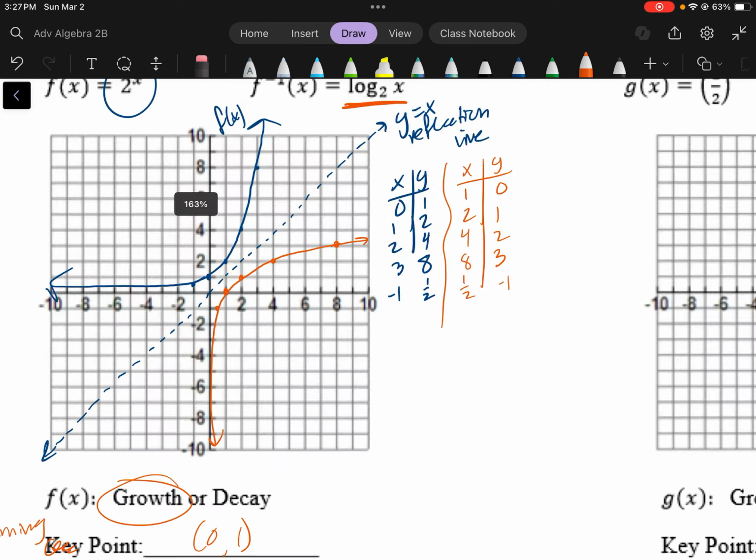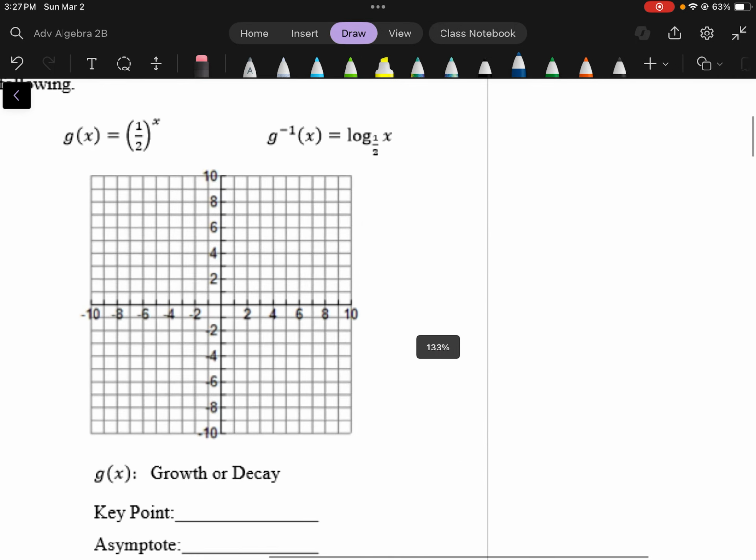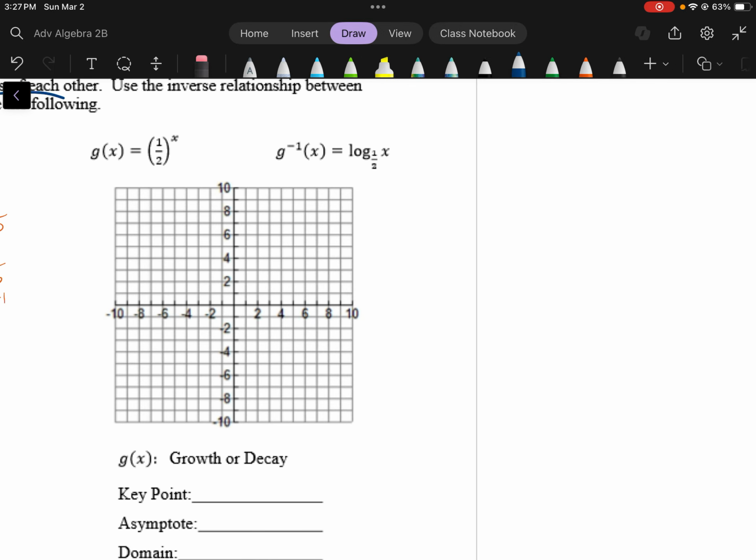Okay, so they're inverses. Again, the x and the y just switch. And so we get these really important points for an exponential, like the turning point at (0, 1) becomes (1, 0). It's a reflection over the line y equals x. If we look at the second example, I have an exponential decay because this b value is less than 1 and greater than 0. When we graph that function, we have x, y.